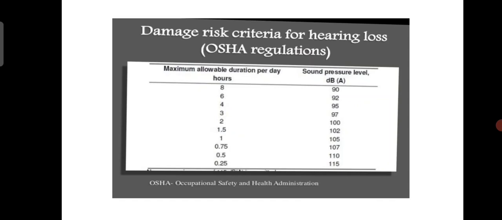So an employee working under 90 decibel is allowed to work 8 hours per day. That is the guideline. An employee working at 115 decibel should work only 0.25 hours in a day in that sound environment. So these are the occupational guidelines.